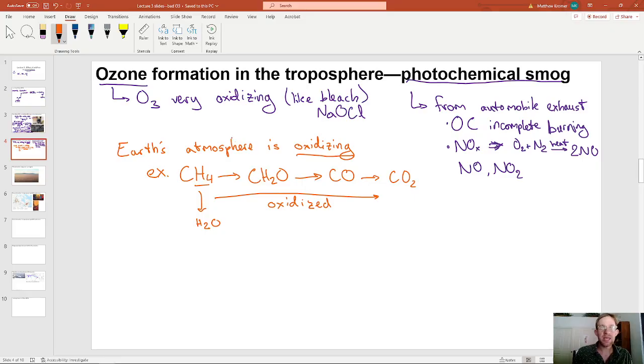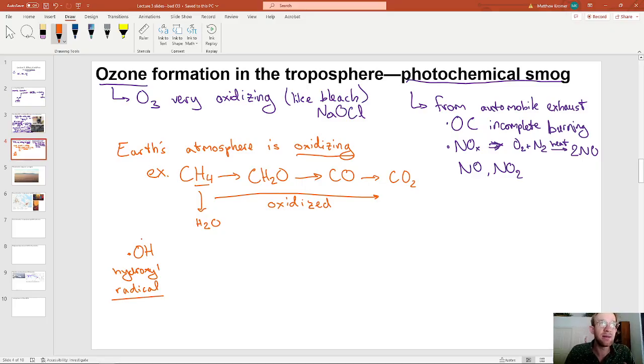And the main chemical responsible for this oxidation process in the atmosphere is what's called the hydroxyl radical. So OH, and when I say radical, this is just a term for a class of chemicals where this oxygen atom has an electron that I'll signify with a dot there that is unpaired.